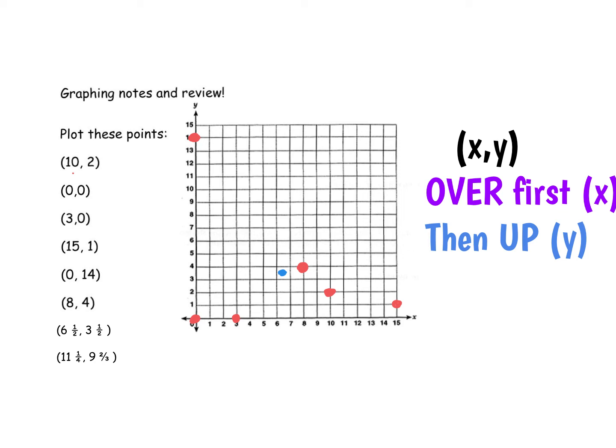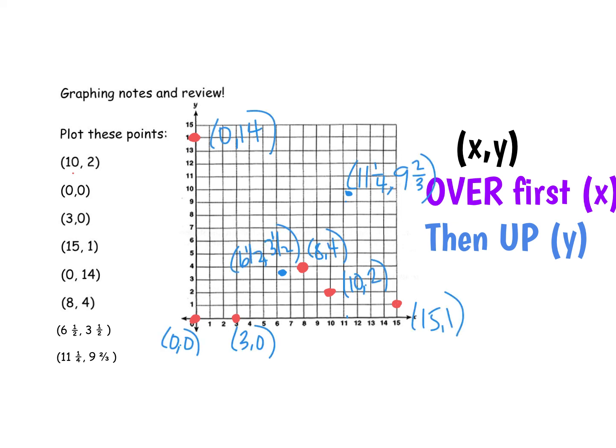Over 11 1/4 would be just a little more than 11, and then all the way up to 9 and a little more than half would be right there. So 11 1/4 and 9 2/3. Should be there. Make sure that you make any changes to any of your points that you need to. And then I just went through and labeled all of them so it's easier for you to check as well.